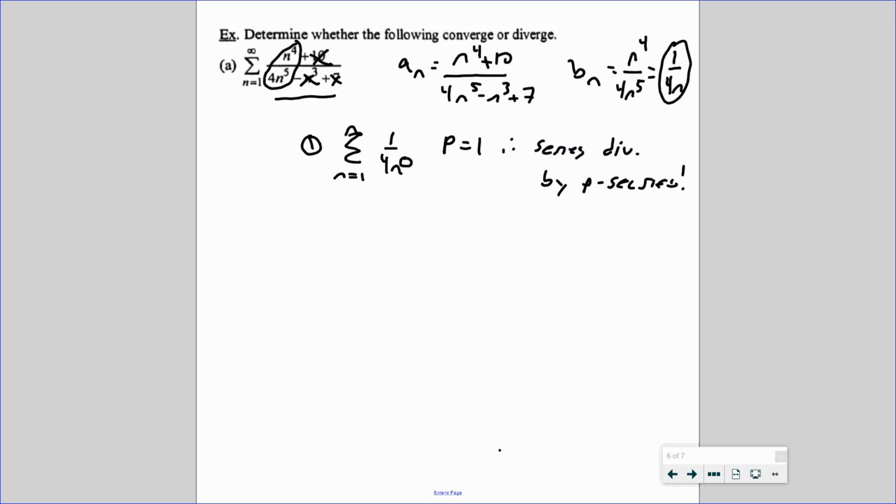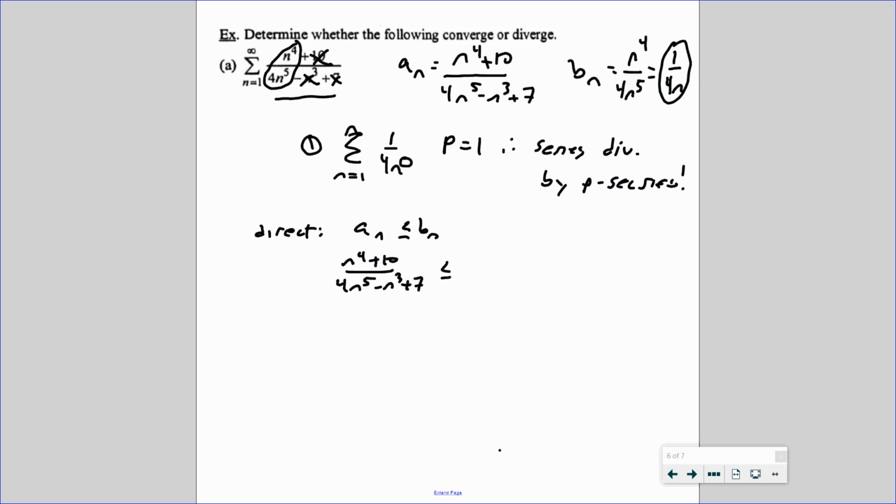Now, let's say, don't write this down, I wanted to do direct comparison. Let's try direct and see what happens. A sub n, in direct comparison, this one would have to be less than b sub n. Well, let's try that. n to the fourth plus 10 over 4n to the fifth minus n cubed plus 7.